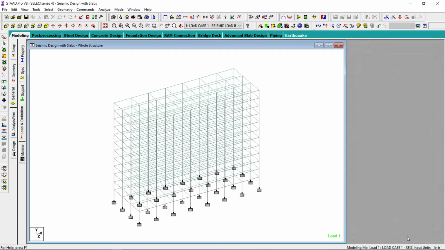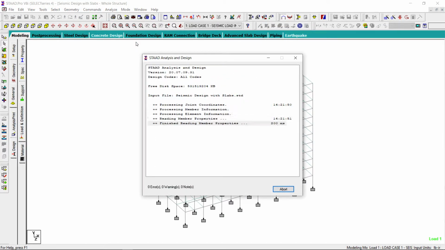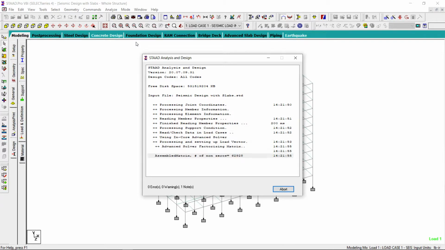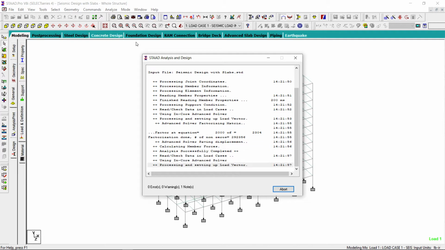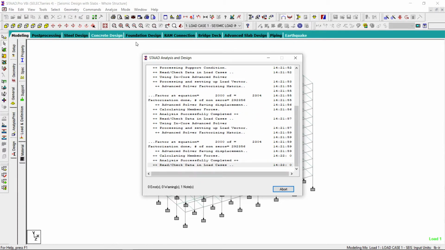After doing all this, I analyzed. Just wait for a couple of minutes, maybe maximum, to get the result. STAAD is still running.